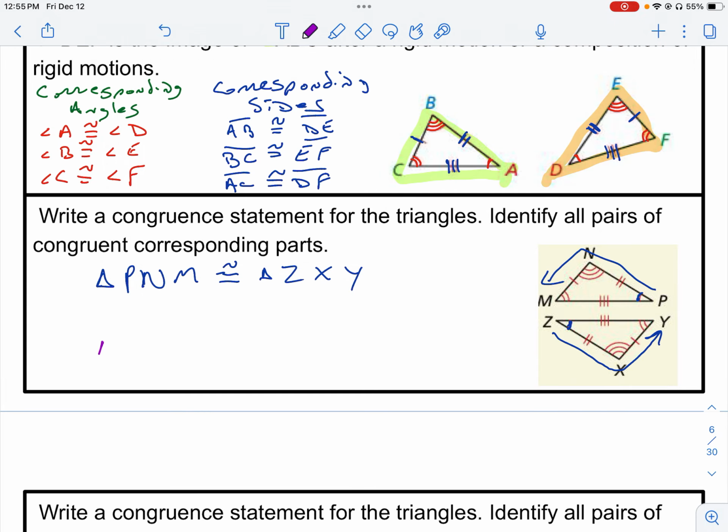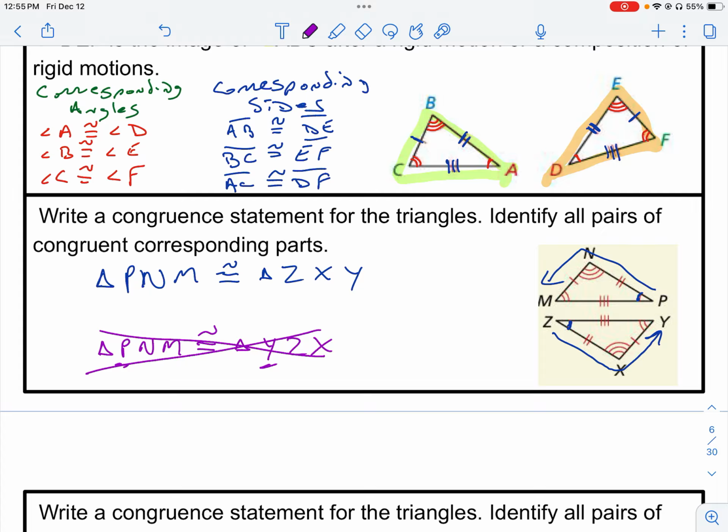Now, had we done it this way, triangle PMN, and then just randomly named our second triangle, let's call it YZX. Well, P and Y don't go together. So this is not true. Don't do it this way.